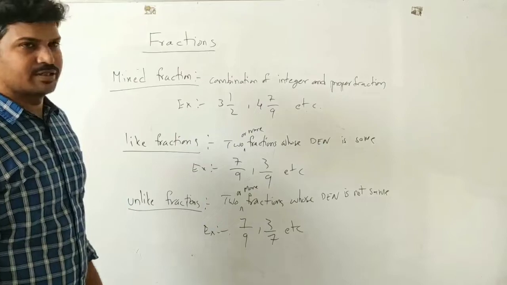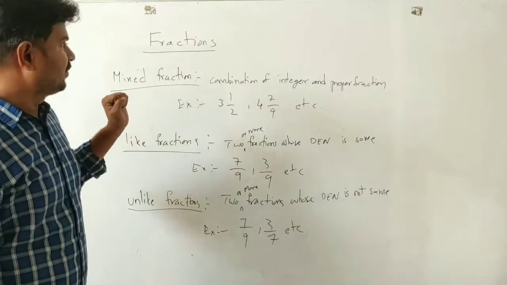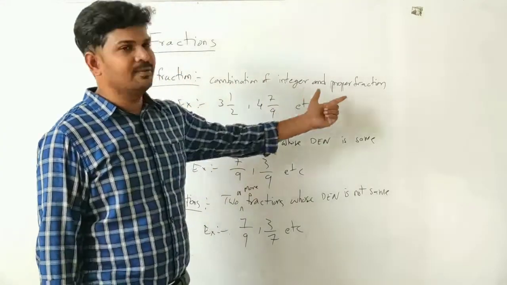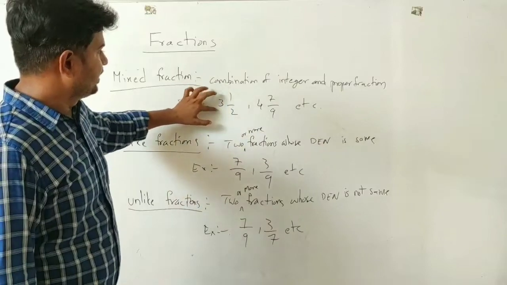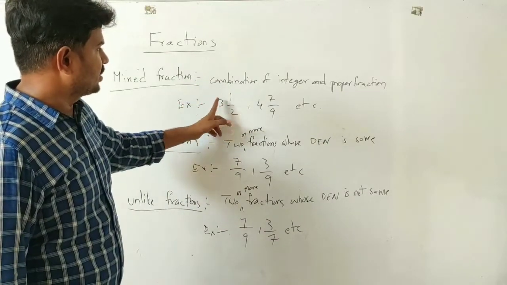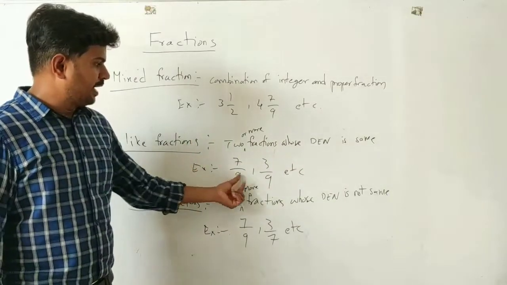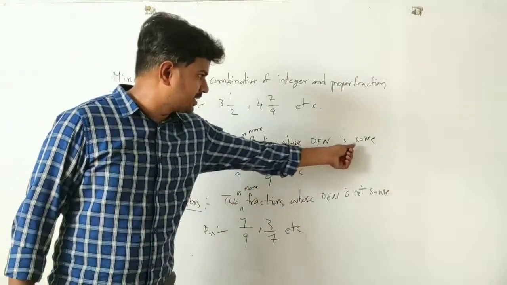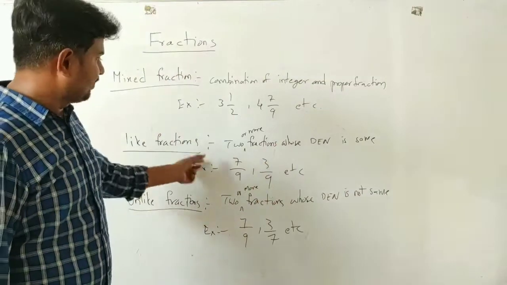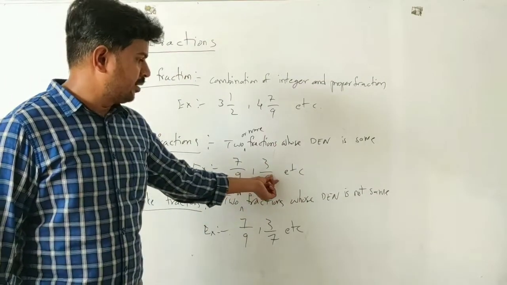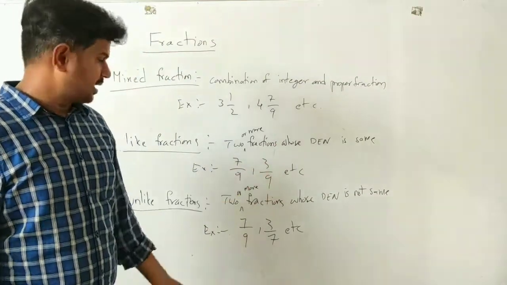Let's see some more types of fractions. Here we have a mixed fraction. It is a combination of an integer and a proper fraction. Here 3 is an integer, 1/3 is a proper fraction, and the combination of these two is called a mixed fraction. Now we have like fractions. When we have 2 or more fractions whose denominators are the same, we call them like fractions. Like here the denominator is 9, so these two are like fractions.